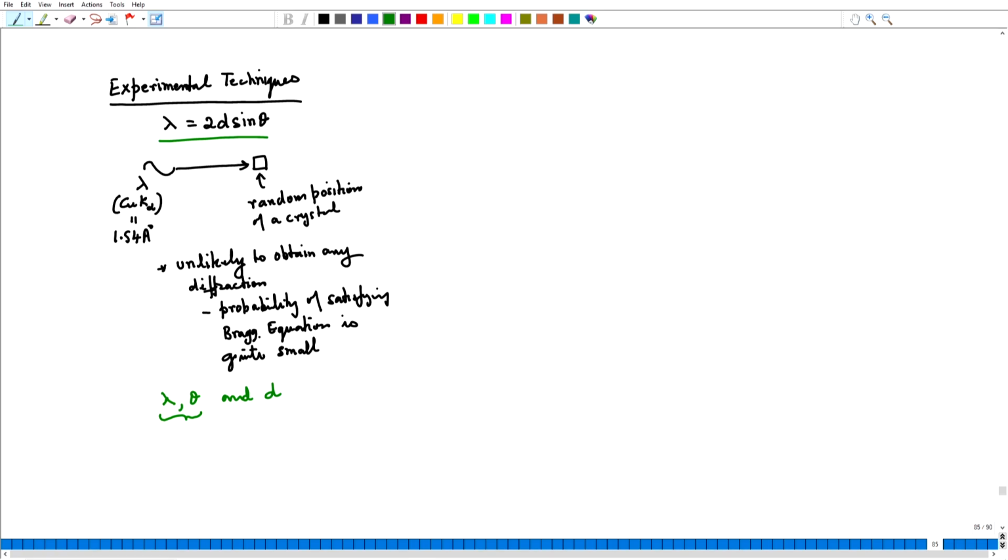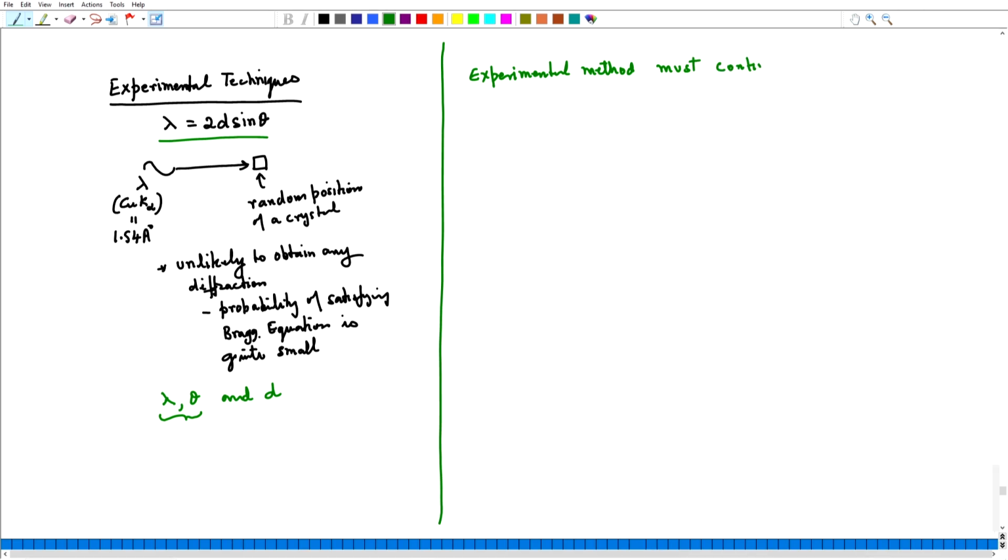So, the experimental method must continuously vary lambda or theta, but not both.